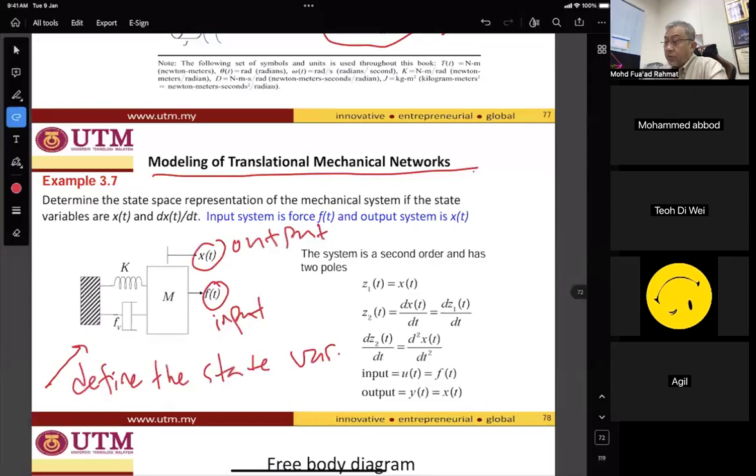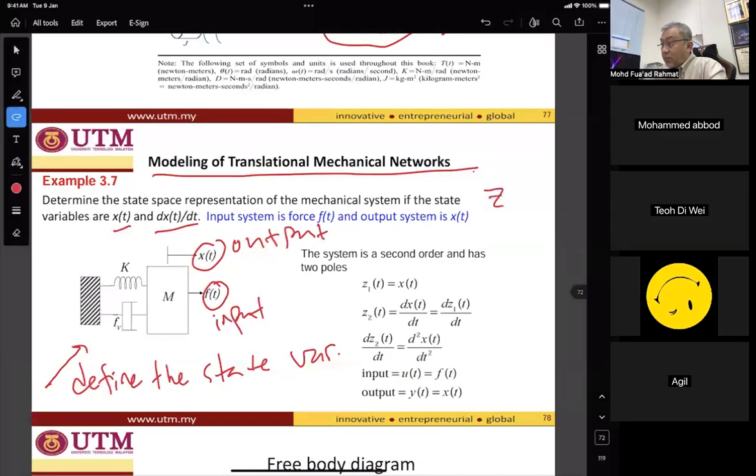Okay, which is defined as x(t) and dx/dt. So since x is already used as a notation for displacement, and similar to x dot(t) as well, we can choose another letter instead of x. So in this case, we are using z.